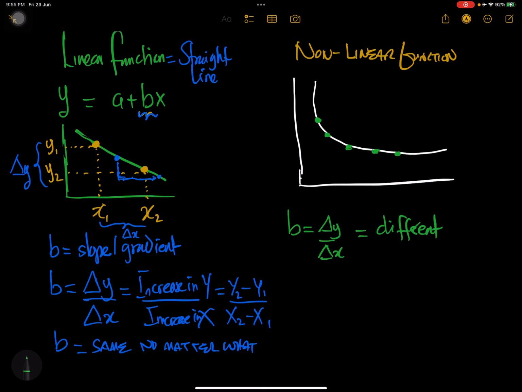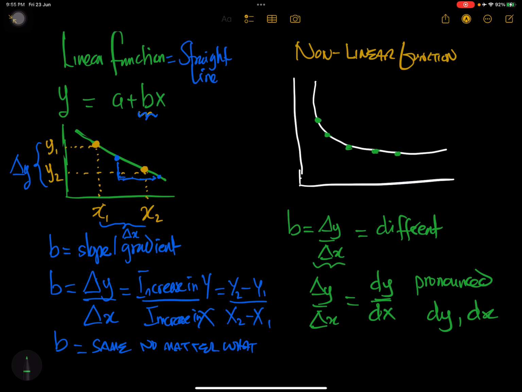For us to be able to estimate correctly the slope of that particular nonlinear function, we need differentiation of calculus. That is why we need calculus, to be able to estimate the change in y over the change in x. In differentiation, that change in y over change in x is known as dy dx, dy divided by dx, usually pronounced dy dx.